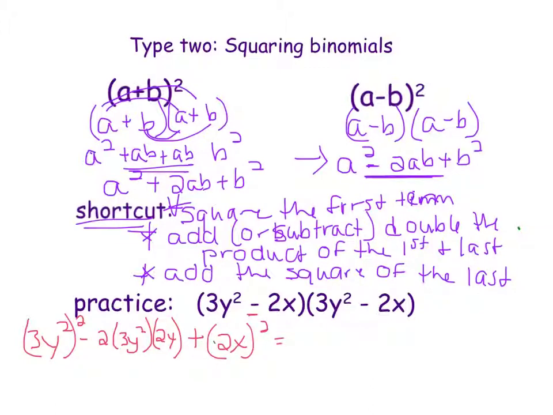So once I simplify, 3y squared squared is 9y to the fourth. 2 times 3 times 2 is 12. Y squared times x, remember alphabetical first, is x y squared, and then I'm going to square the last, which is 4x squared.